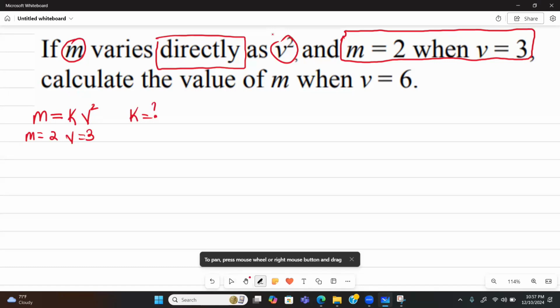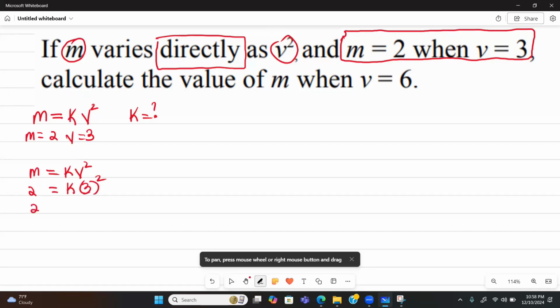Let's take a look. Remember, m is equal to k v squared. It is said that when m is 2, I'm going to substitute 2 for m. So 2 is equal to k, we don't know k, v squared. V is 3 squared. Take a look. I substitute 2 for m and 3 for v. Now I can find my constant of variation k.